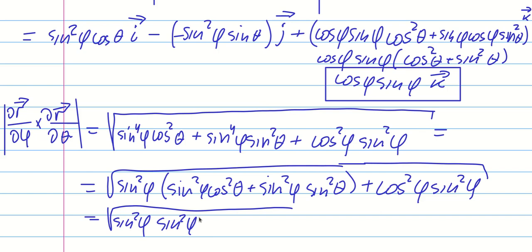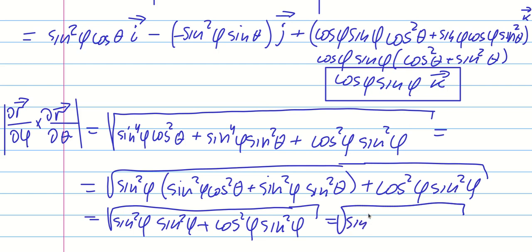Okay, so that means we have sine squared of phi, sine squared of phi, then this sum gives us 1, plus cosine squared of phi sine squared of phi. Alright, so we can again factor sine squared of phi, and we will be left with sine squared plus cosine squared, which is 1. So we get sine of phi as our answer.